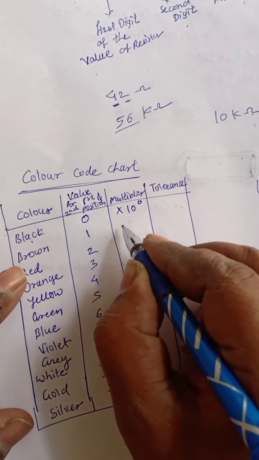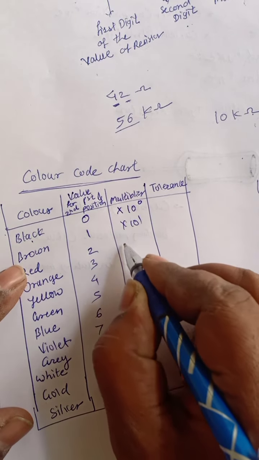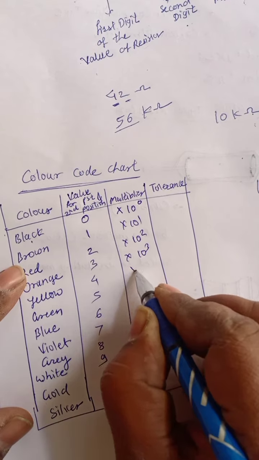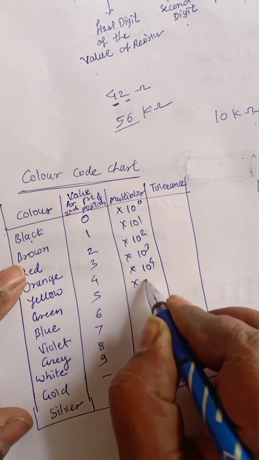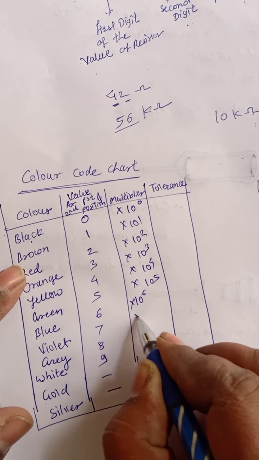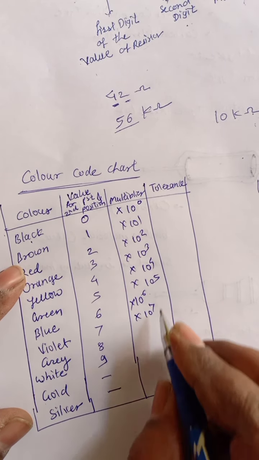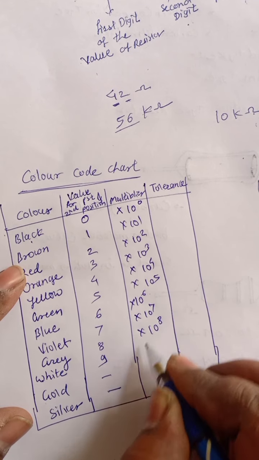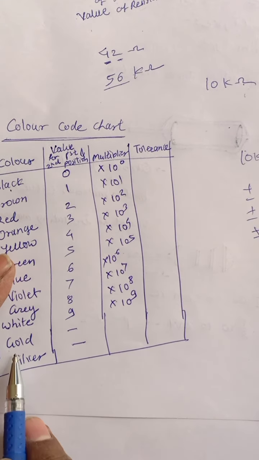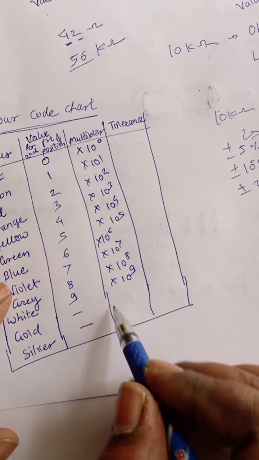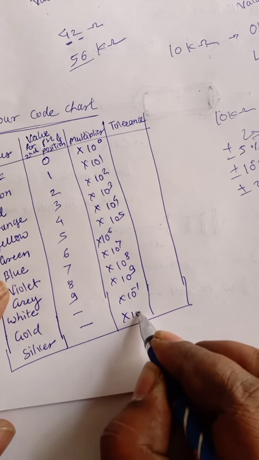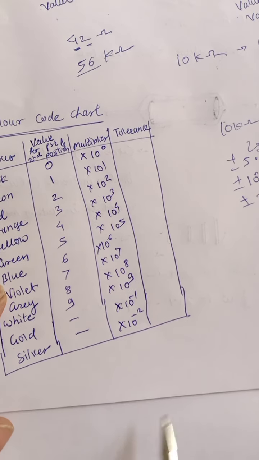Then brown, you multiply by 10 raised to 1, then 10 raised to 2, 10 raised to 3, 4, 5, 10 raised to 6, 10 raised to 7, 10 raised to 8 and 10 raised to 9. If gold and silver are at the multiplier position, you multiply by 10 raised to minus 1 and 10 raised to minus 2.